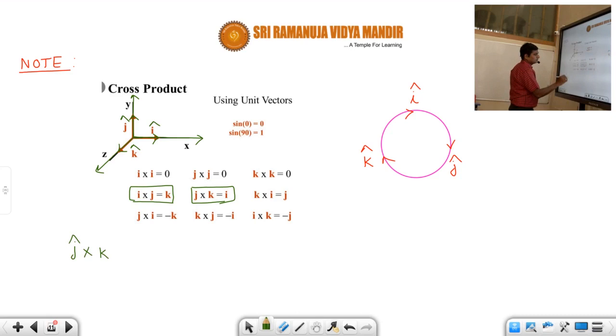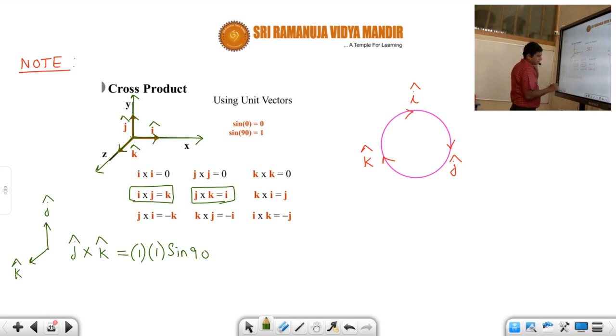j cap cross k cap is equal to magnitude of j cap, 1, because the magnitude of a unit vector is 1, into sine of the angle between j and k, students. This is j, this is k.